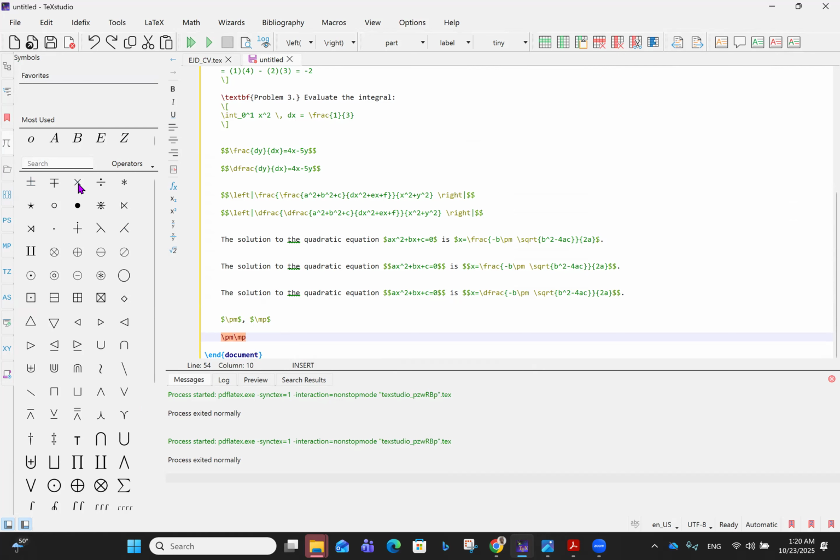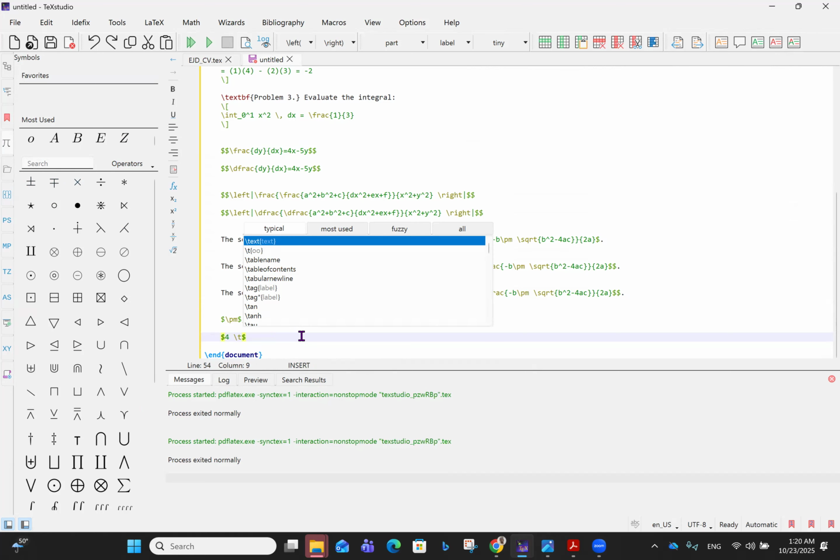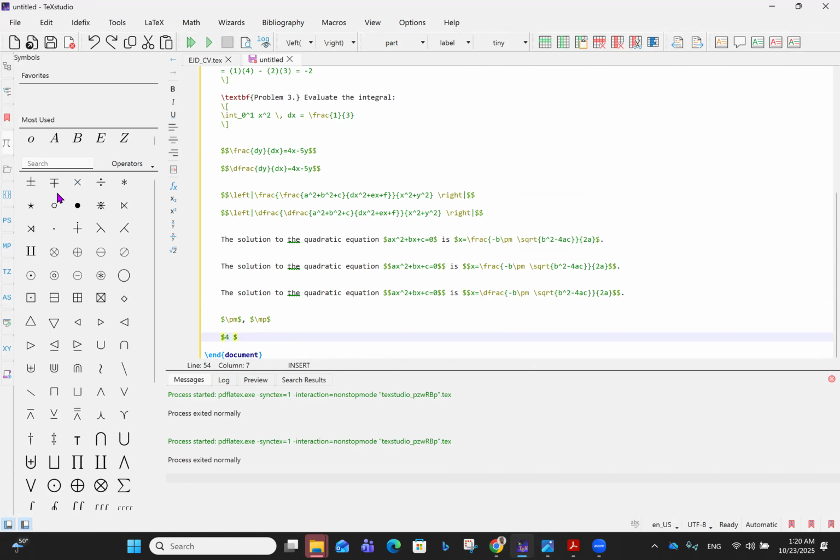So different things. If you need times, like say you need, let me imagine you need 4 times 4. Okay. Of course, that will be within dollar sign. So you have 4 backslash times 4. Okay, or you can just click on that and you just jump out times. Then that just works out like that.